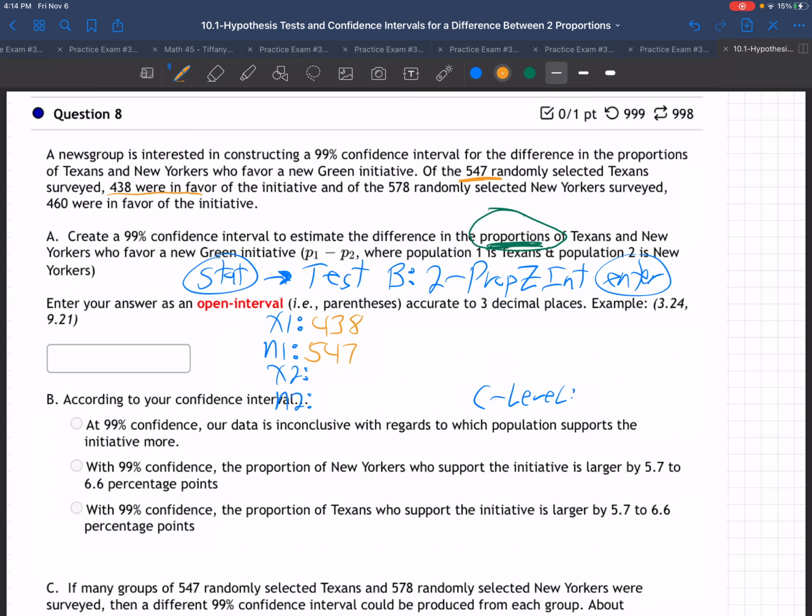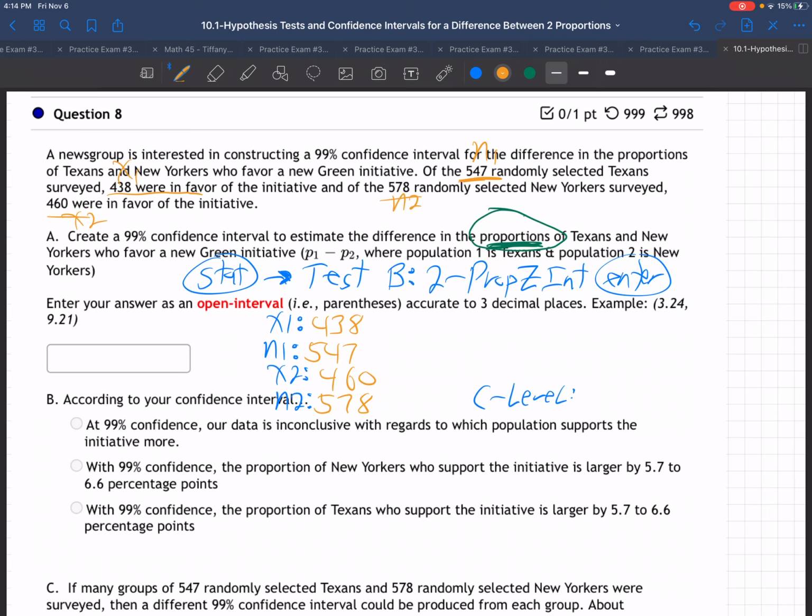So 438 out of 547. For the New Yorkers, 578 were interviewed and 460 were in favor. So see how we got those numbers? This is n1, x1, n2, x2. Plug those into your calculator.